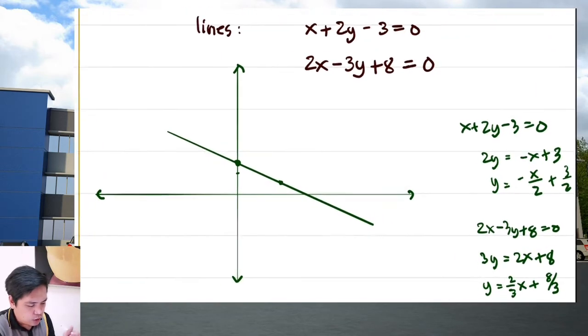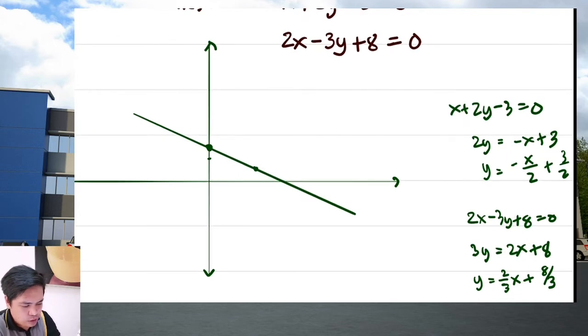Okay, that is around, let's say, this is 2, this is 3, this is 2.5, so around here. Then the slope is 2/3, so that means 2 rise and 3 run. So more or less ito siya.